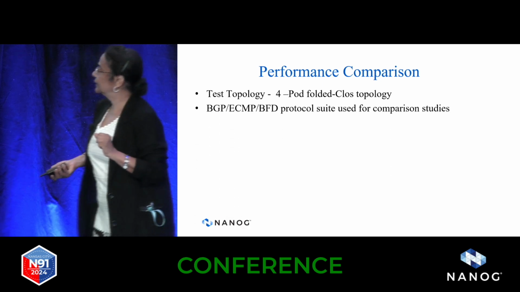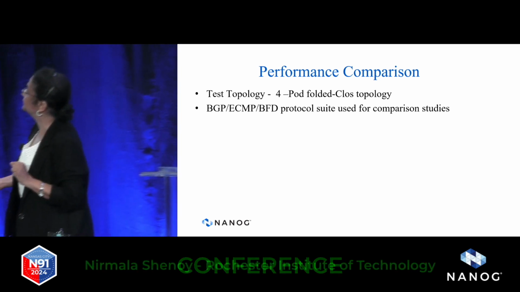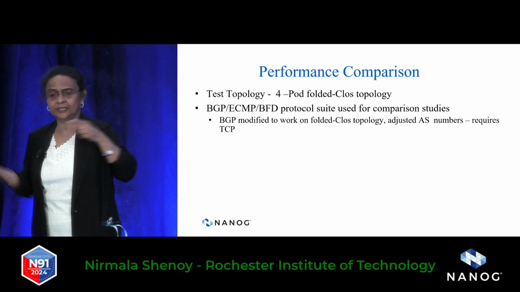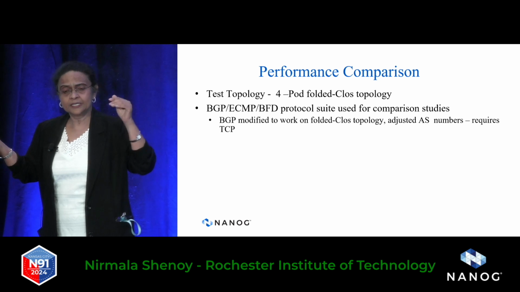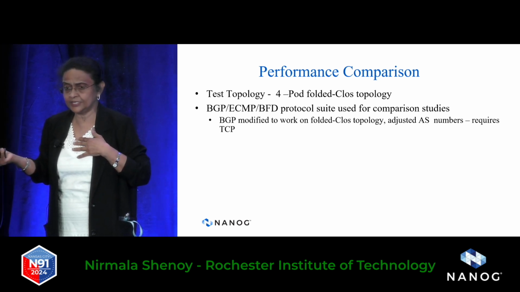Okay, so for the comparison, we use BGP, ECMP, BFD. And BGP, the version that we are presenting here is eBGP modified with the AS numbers to work on DCN.